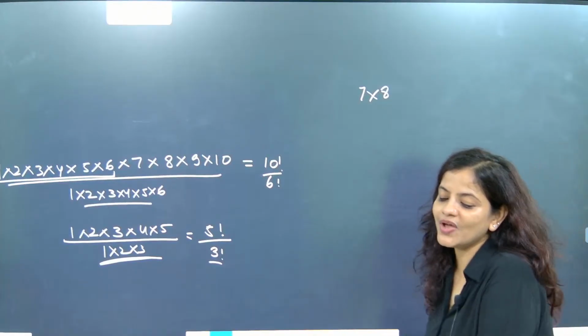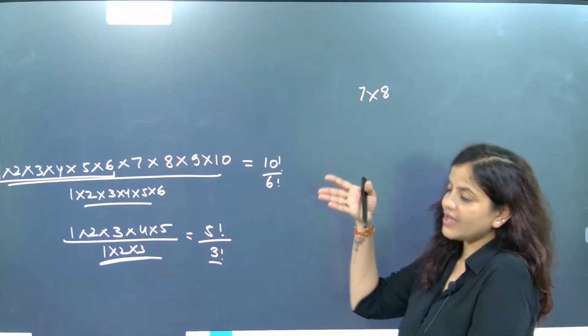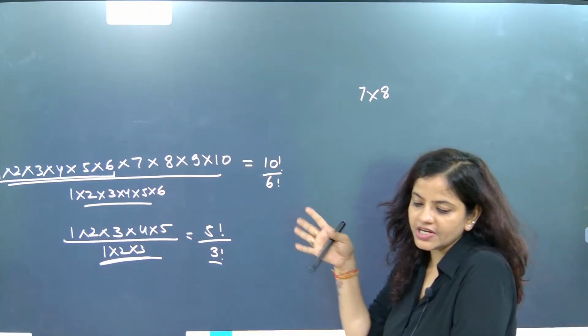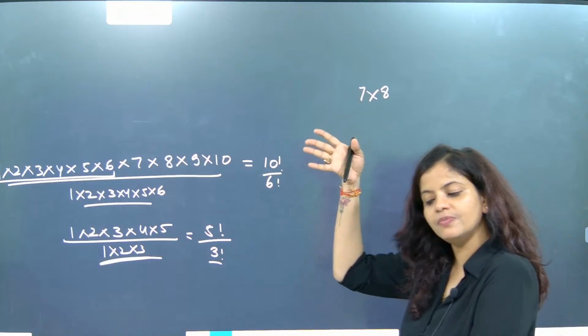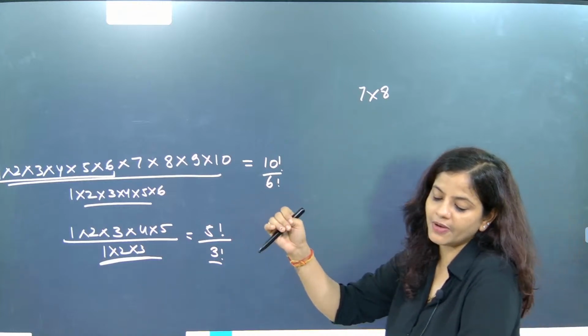Say Divya. Say Sujata. See, 7 into 8 is there, na beta. Something should be multiplied up and something should be multiplied down. What are we going to multiply up and down? Say.